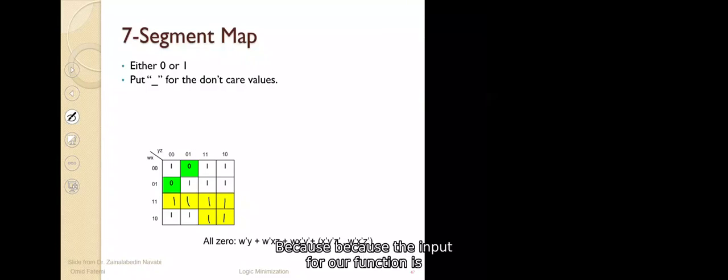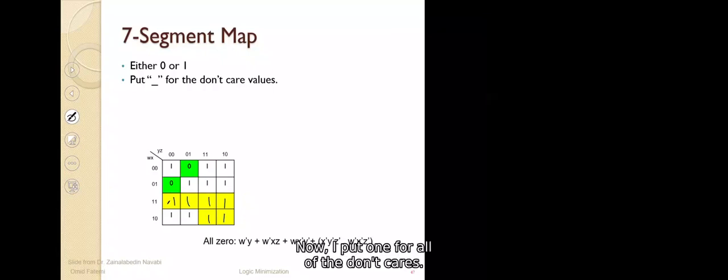Because the input for our function is only cells from 0 to 9. Cells 10, 11, 12, they are not the valid input. We never get an input like that. It never happened. So why do we think about it? Just put it, don't care.